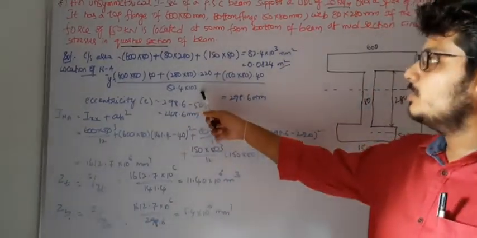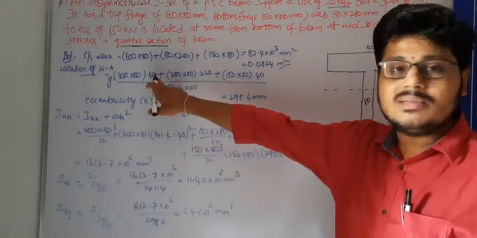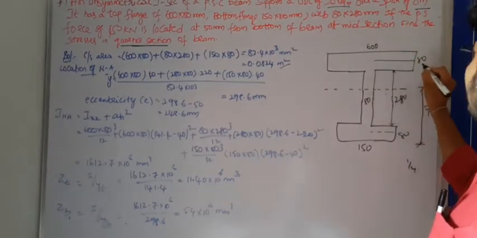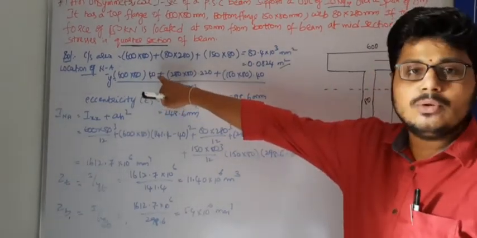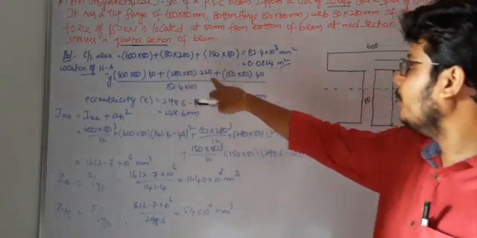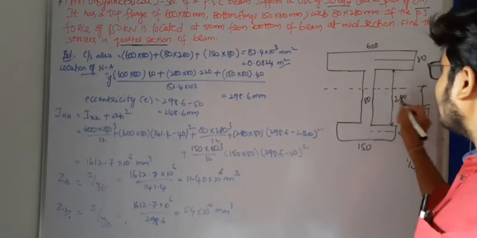This is the formula. For the first section, 600 by 80 into centroidal distance 80 by 2, that is 40, plus 80 into 280 into 220. How will we get 220?